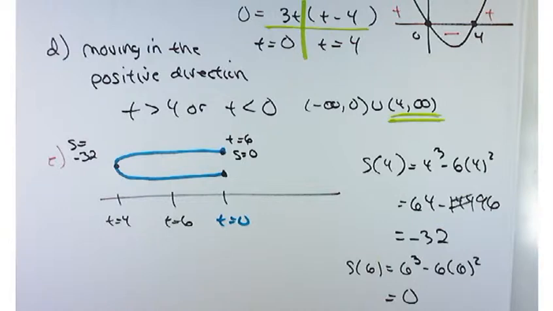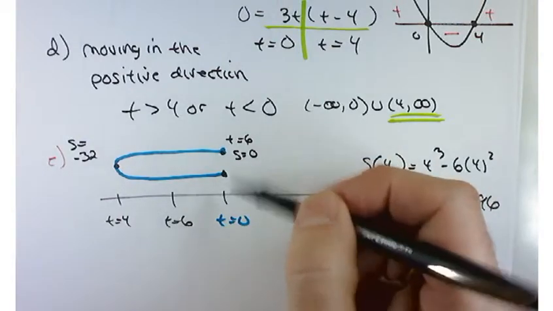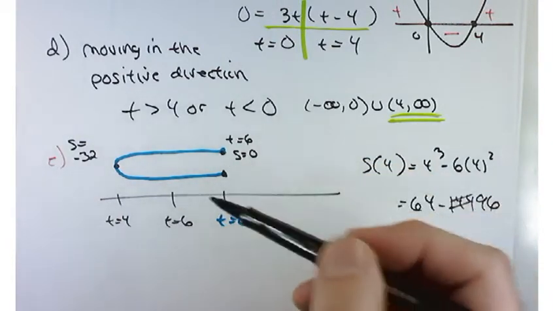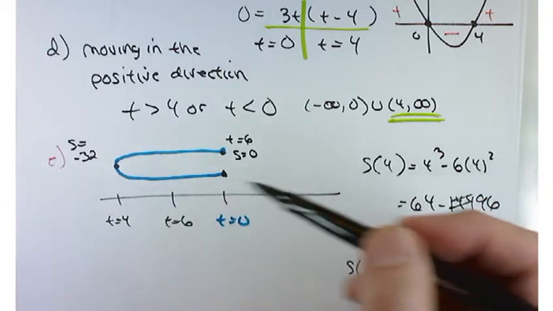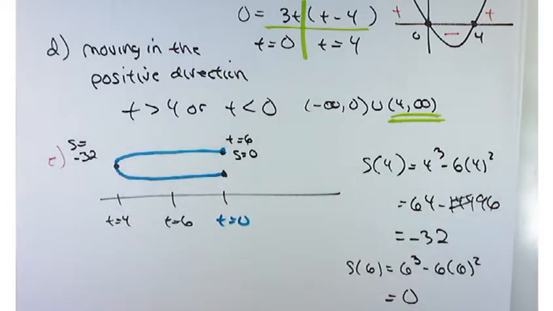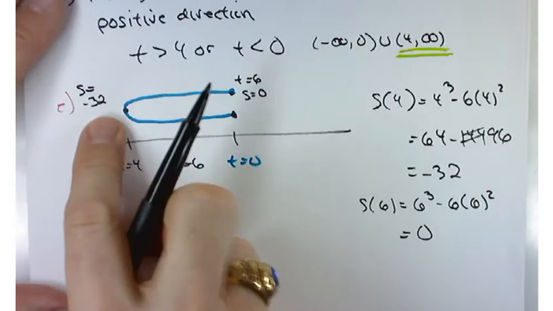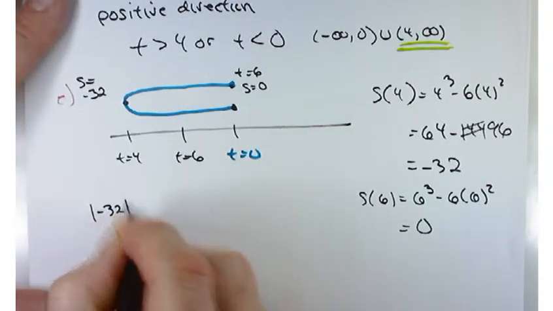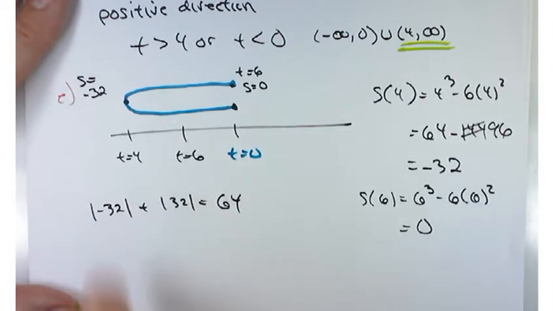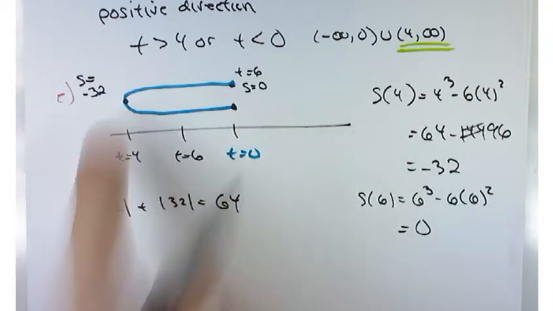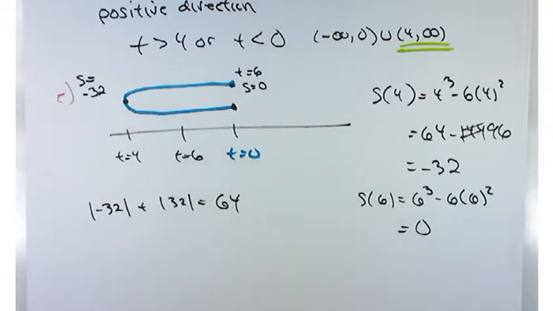So the question is, how far did the particle move? The answer is not 0, because you have to take into account that you moved to the left and back to the right. So how far did it move altogether? 64. You have to look at the absolute value of that. Negative 32 plus another 32 gives you a total distance of 64. That's how far the particle moved in that time.